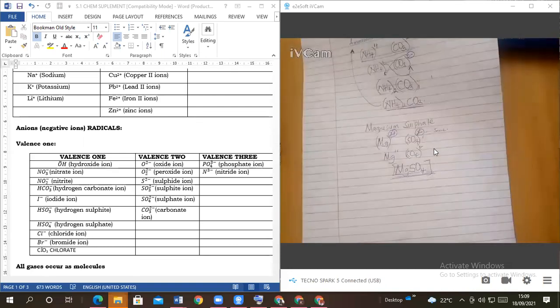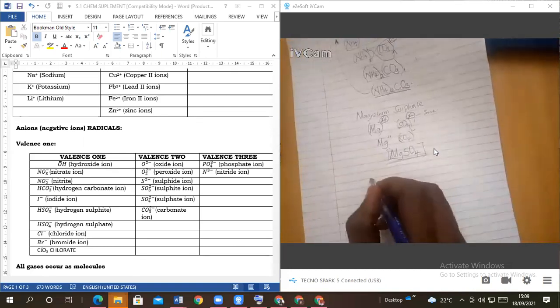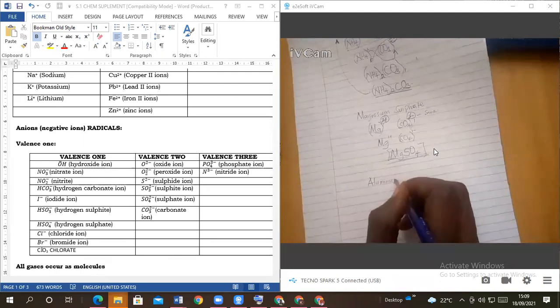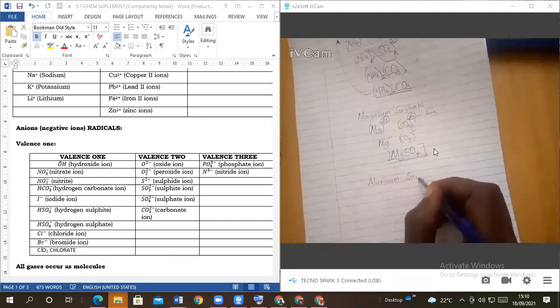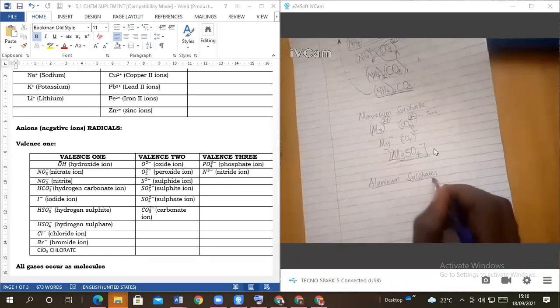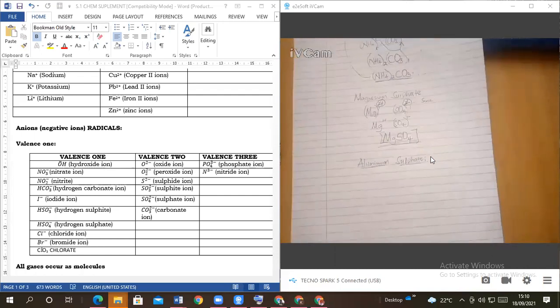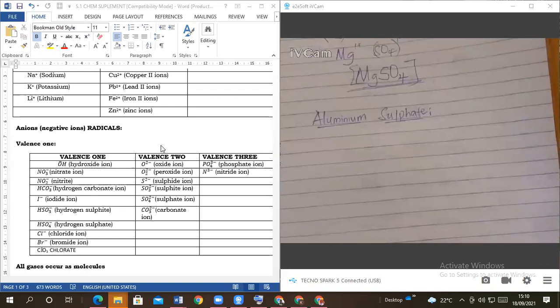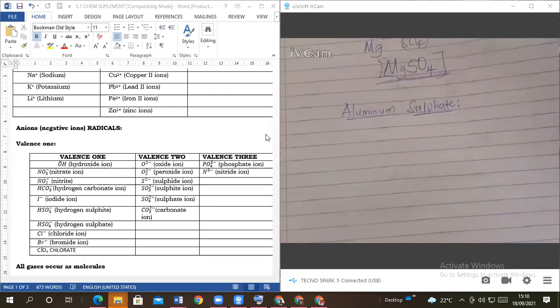Now we wrote a question somewhere that they write for us aluminium sulfate. Following the procedures above, how do you start? Rebecca, how do you start?